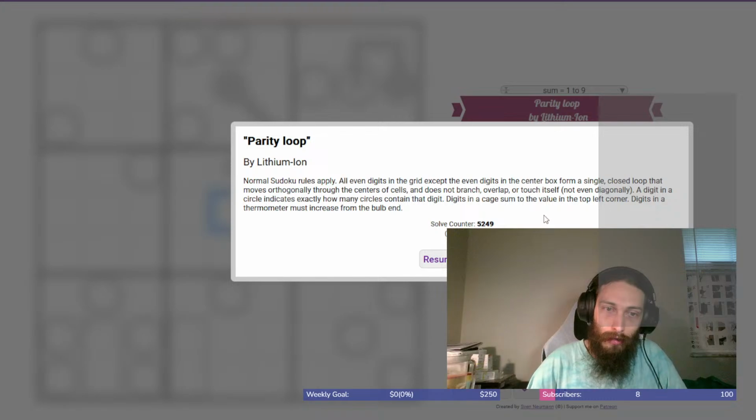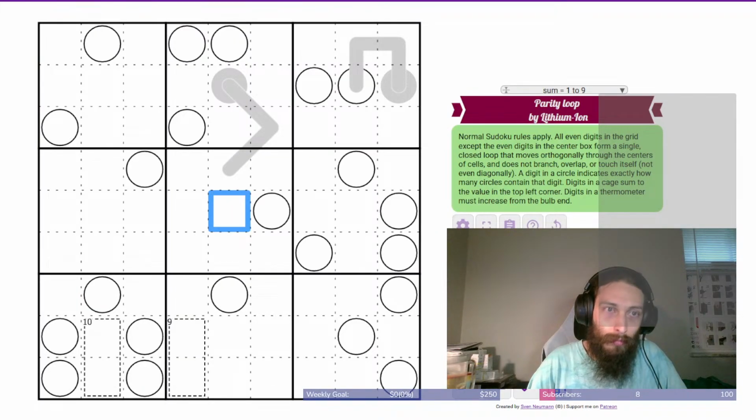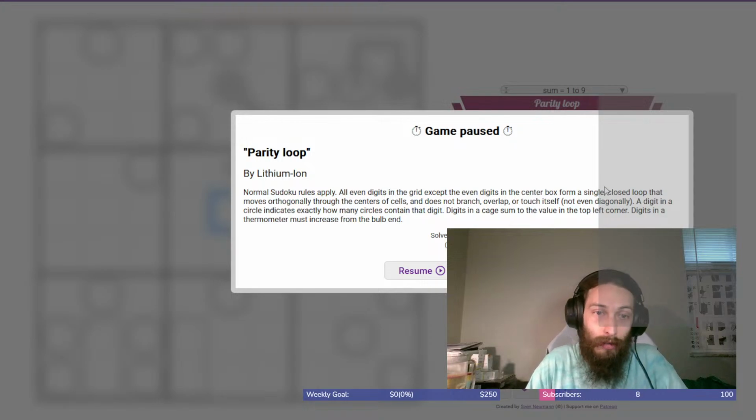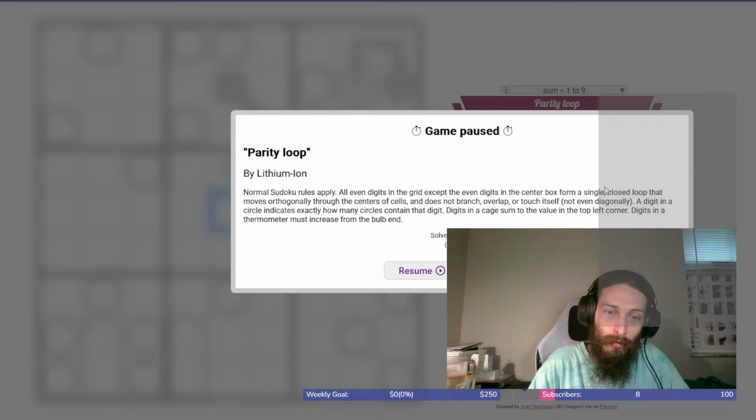Parity Loop by Lithium Ion. Normal Sudoku rules apply.